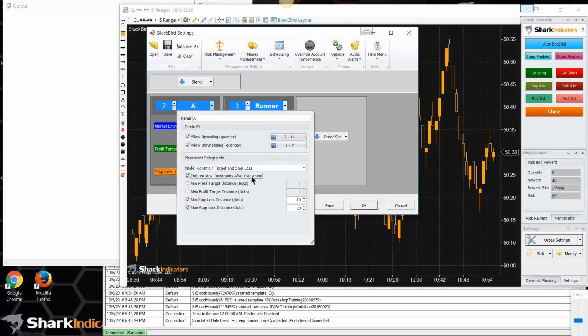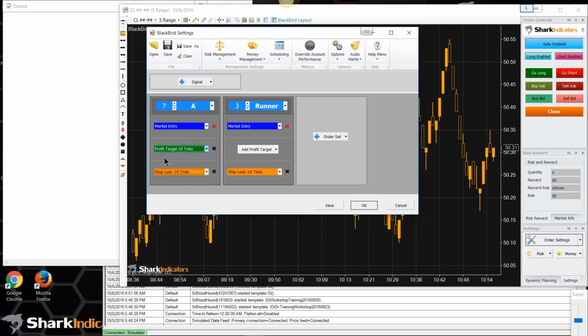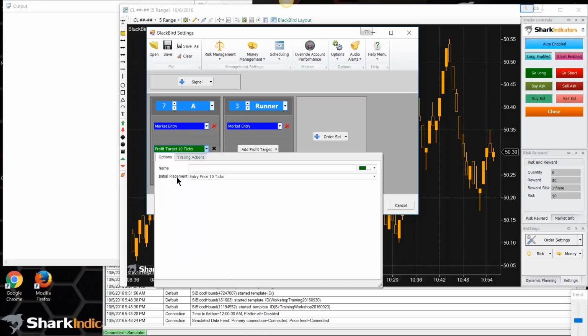So once again, these constraints initially only apply to the initial placement. They're only going to apply to this initial placement rule here. You can see a profit target has an initial placement.